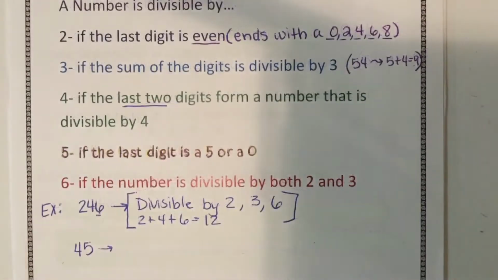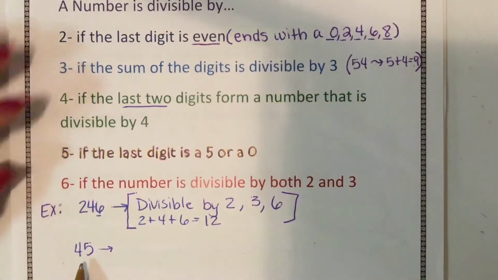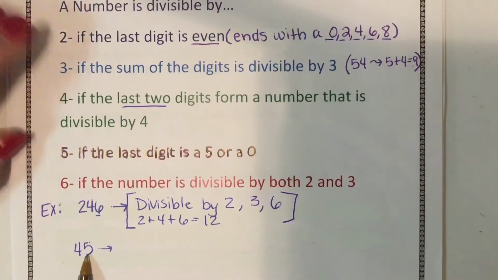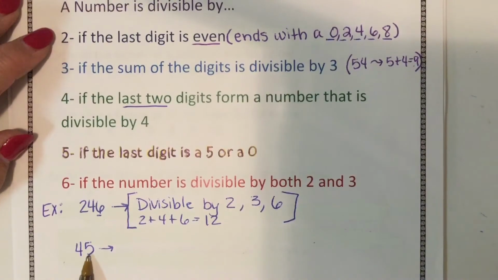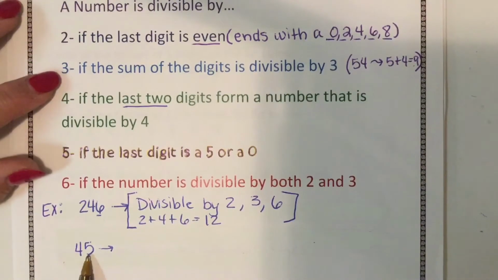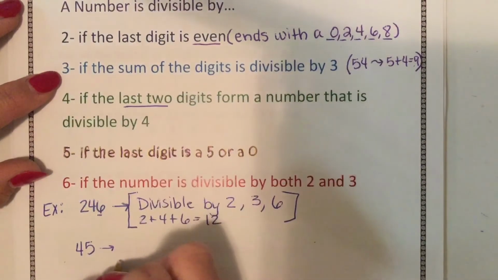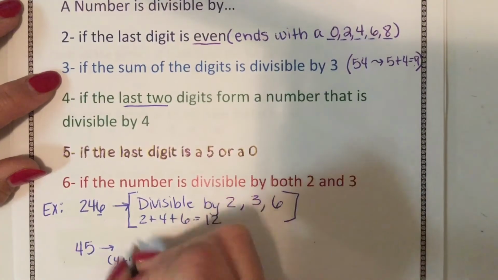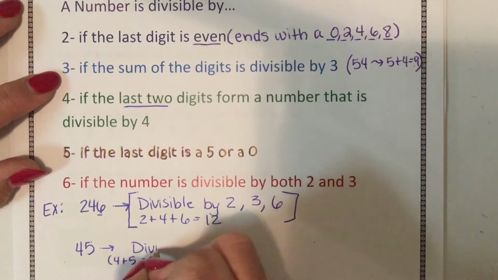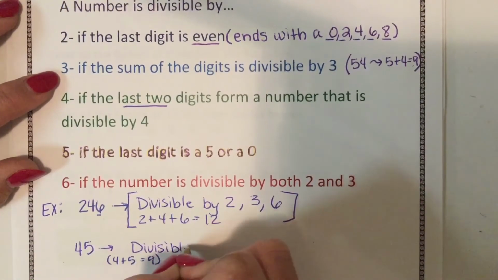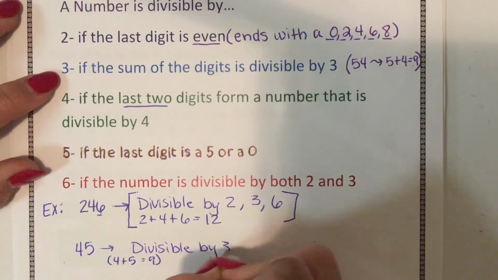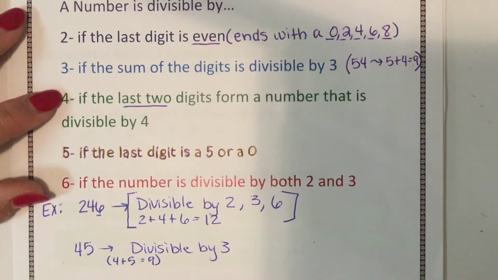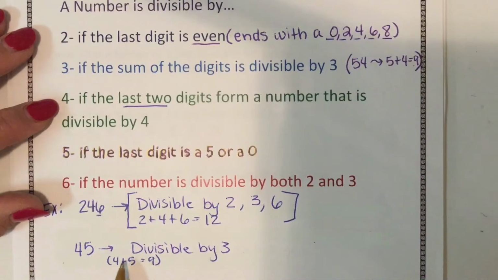Okay, let's look at the number 45, sorry. It ends in a 5, so it's not going to be divisible by 2 because it's not even. 4 plus 5 equals 9, so 3 goes into 9 evenly, so it's going to be divisible by 3. Do the last two digits form a number that is divisible by 4?